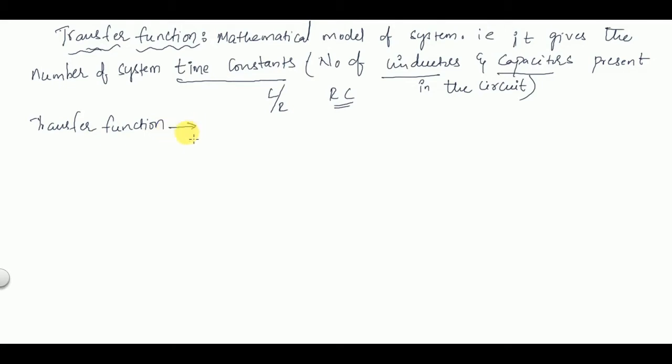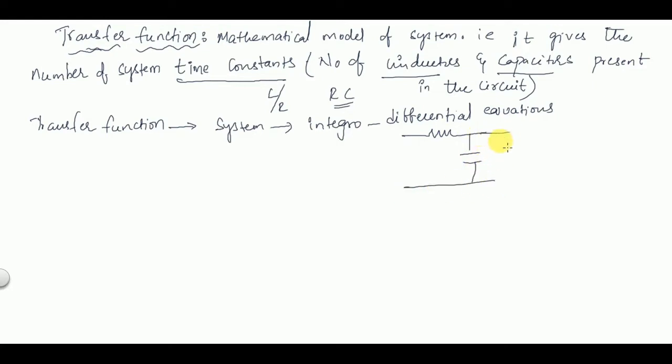Generally, if a continuous time system is there, the system is represented by integral differential equations. Suppose there is a resistor and capacitor combination, with Vi of t as input, R, and C, and output V naught of t.